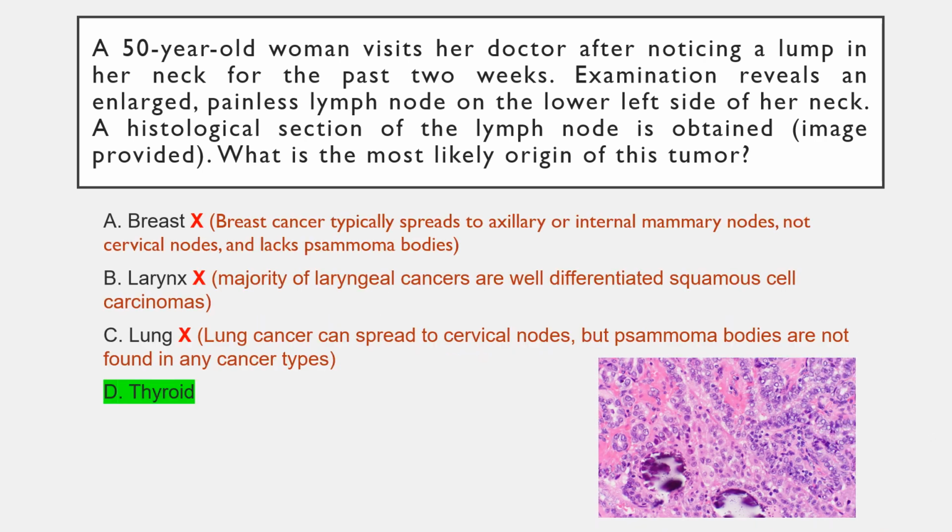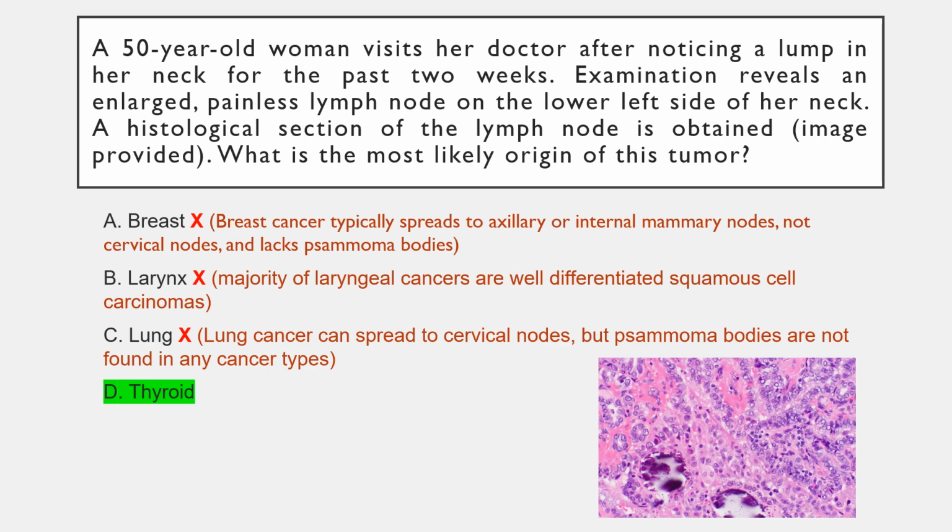Let's have a look at why the other options are incorrect. Option A is incorrect, as breast cancer usually metastasizes to the axillary or internal mammary lymph nodes rather than cervical nodes. In addition, psammoma bodies are not present in breast carcinomas.